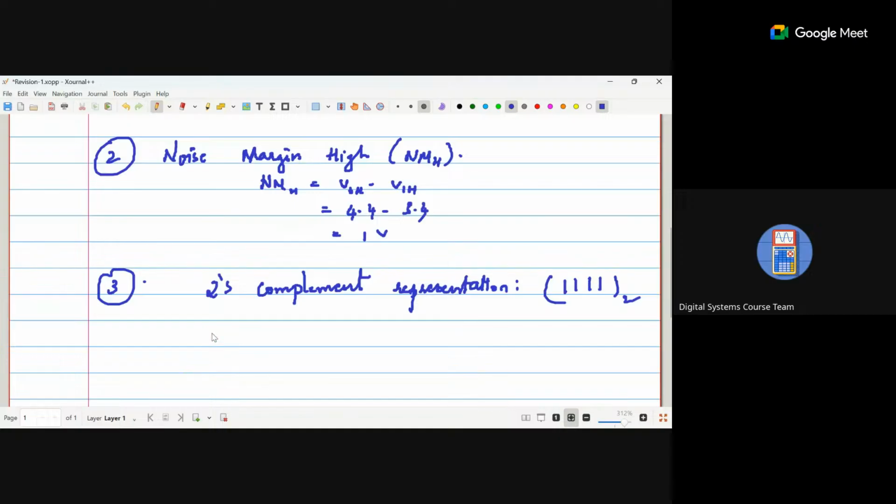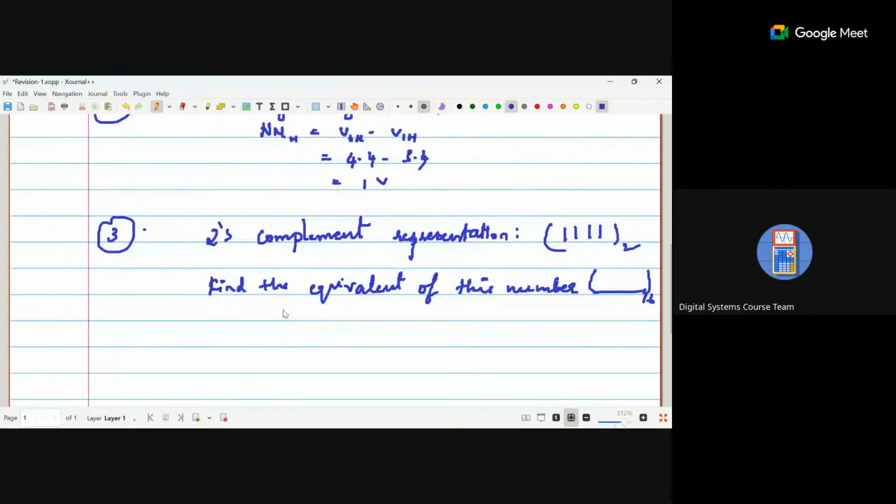Now you have to find the equivalent of this number in base 6. Can you solve this and let me know? Can you try?